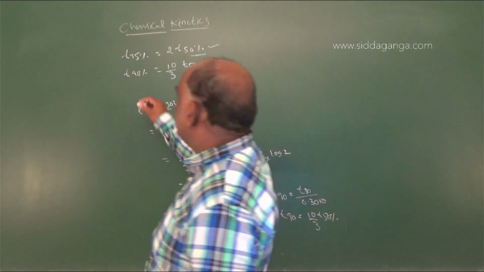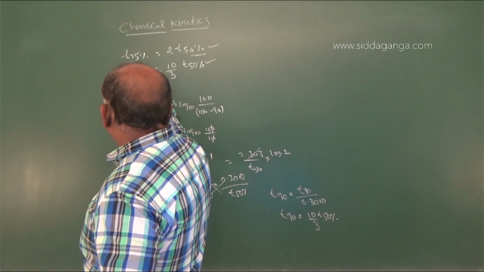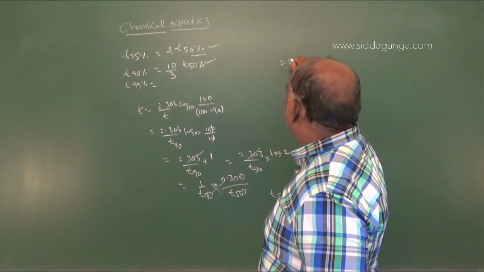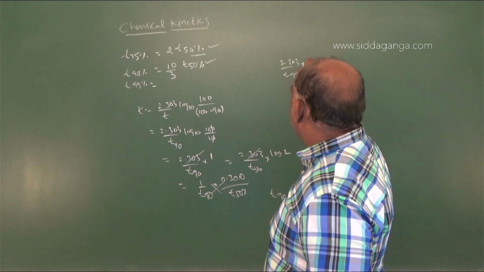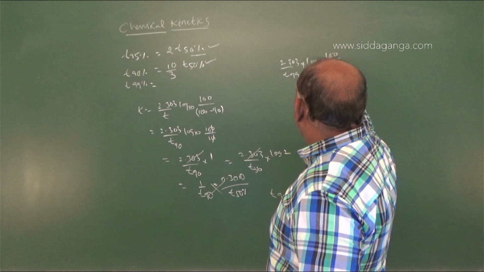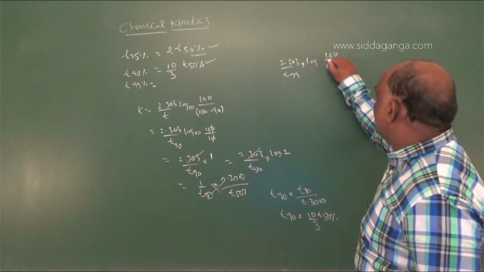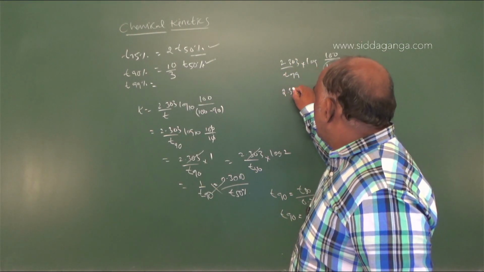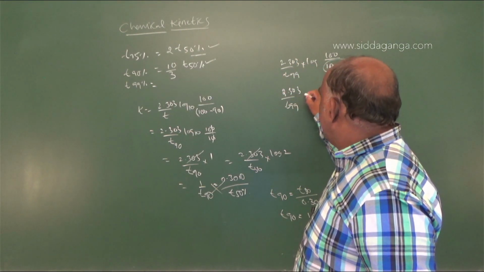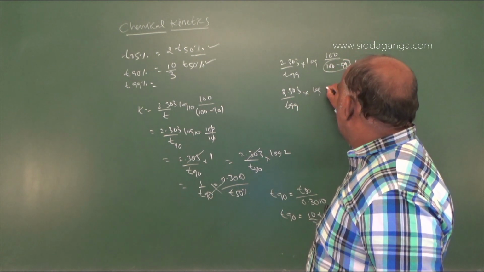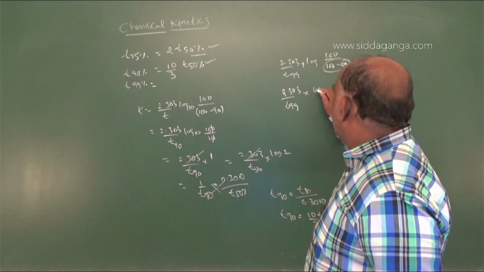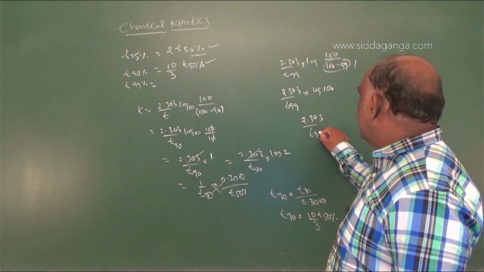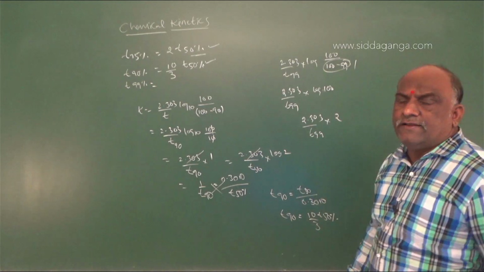Suppose T99, we should go with T99. What is T99? Here 2.303 by T99 into log 100 by 100 minus 99. 100 minus 99, this value is equal to 1. So this part is 2.303 by T99 into log 100, and log 100 is equal to 2.